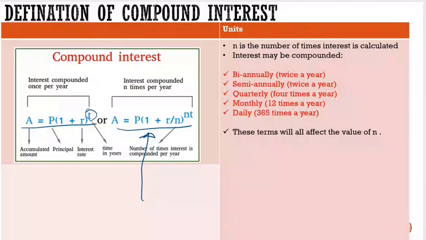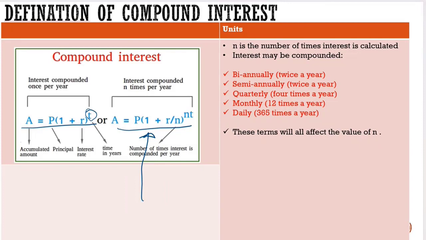Also, your N is the number of times the interest is calculated. When we are talking about compound interest, remember the interest rate that we were calculating for simple discount and simple interest was not compounding. It was only the time that was short. But in this case, your interest can be compounding.